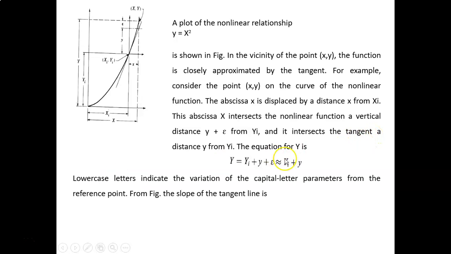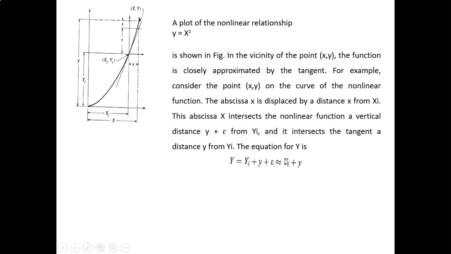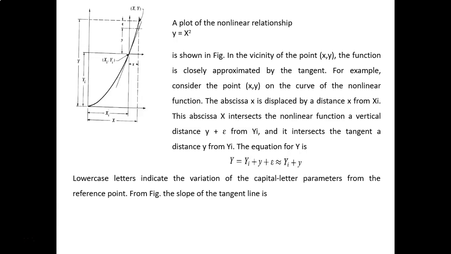Therefore, the equation for y is: capital Y is equal to yi plus small y plus epsilon, which is equal to yi plus small y, where epsilon is very small, that's why we have neglected it. Therefore, capital Y is equal to yi plus small y, where small y is equal to y minus yi. Therefore, lower case letters indicate the variation of the capital letter parameters from the reference point.